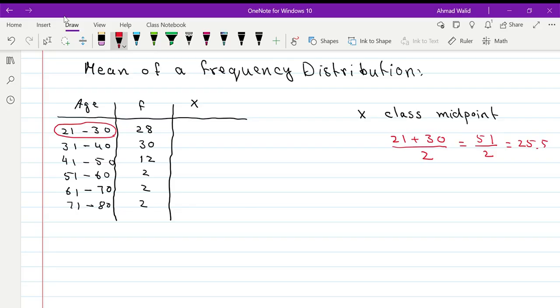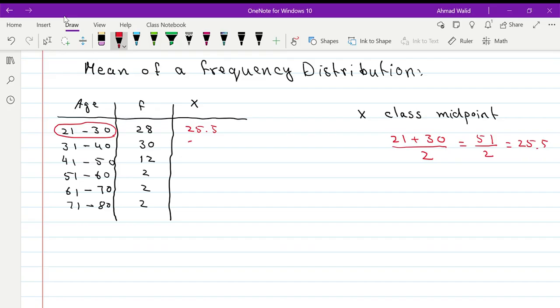Now, the first class is 25.5. You know the technique: the class width for this example is 10.